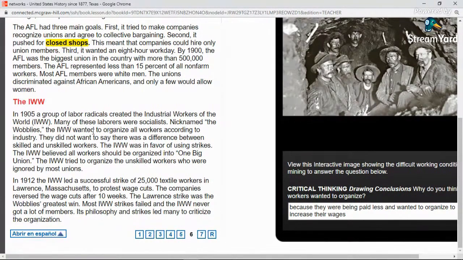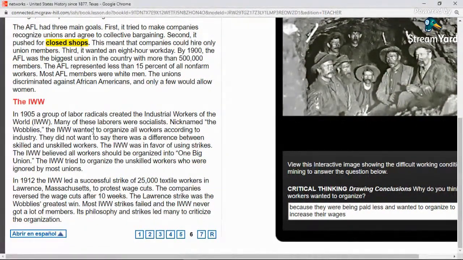But a group of labor radicals created the Industrial Workers of the World. Many of these laborers were socialist. They did not want to say there was a difference between skilled and unskilled workers. They were in favor of using strikes, and they were able to have a huge strike of 25,000 textile workers to protest wage cuts. The company reversed the wage cuts after 10 weeks.